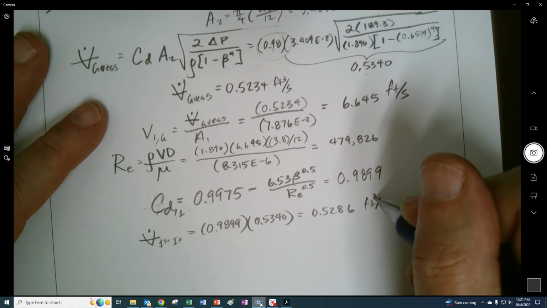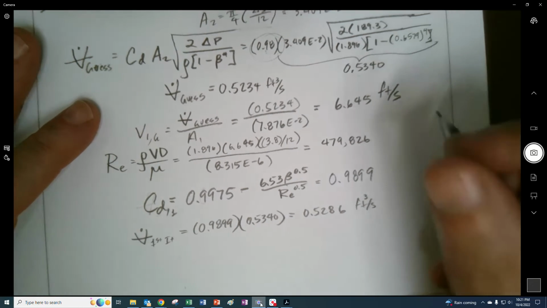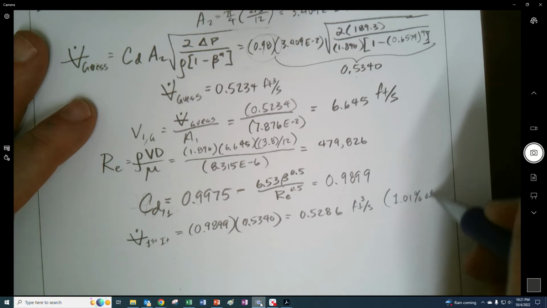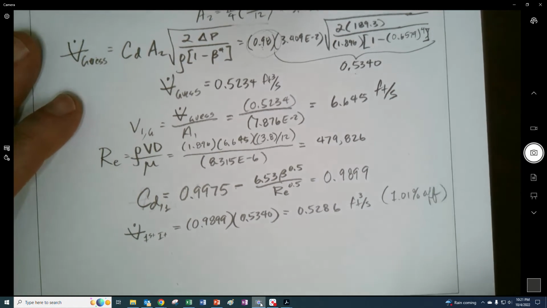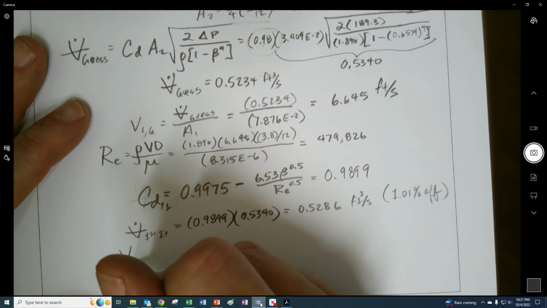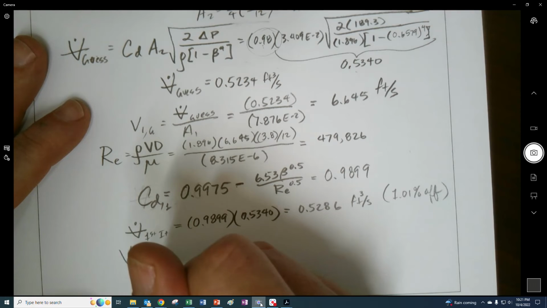Did I do that wrong? Yeah, no, I got it right. Okay, cubic feet per second. By the way, this is 1.01% off from our initial guess. Not too bad.